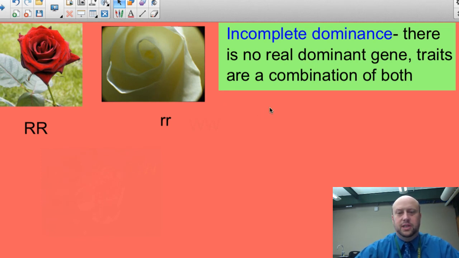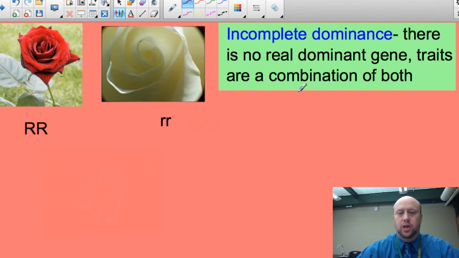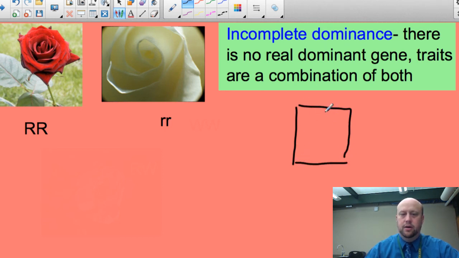So the first one we want to talk about today is incomplete dominance. In incomplete dominance, what happens is that there's no real dominant gene. If we looked at this according to classical Mendelian genetics, if we had a red rose and a white rose, we would cross those, okay? And so we'd have our Punnett square here.